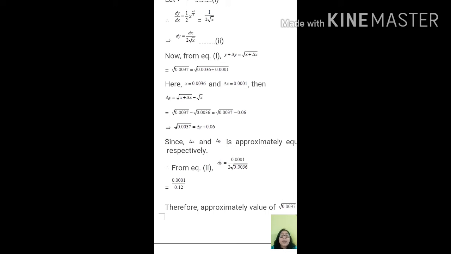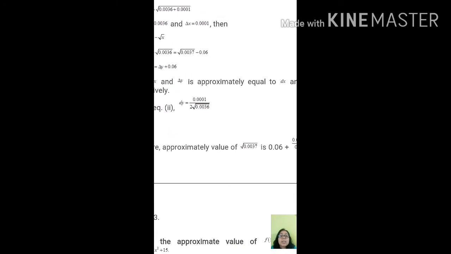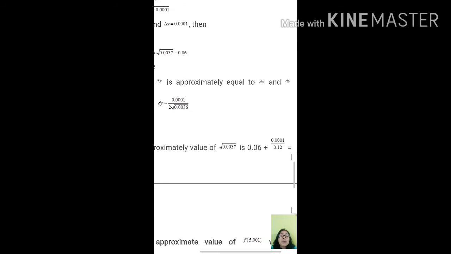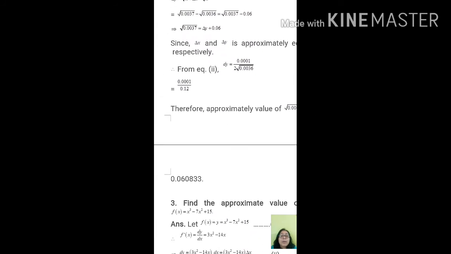Root x means root of 0.0036, so 0.06 into 2. So delta y we are getting. So the approximate value of root 0.0037 is 0.06 plus 0.0001 by 0.12. So the approximate value we are getting is 0.060833.